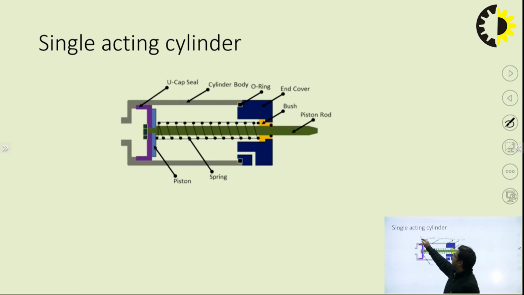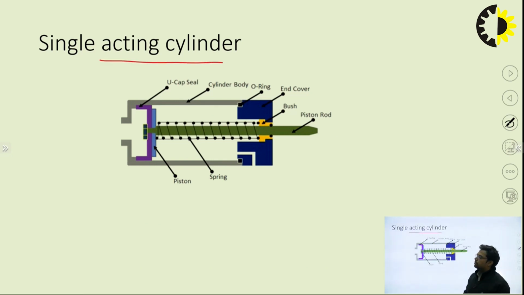Now, actuation based upon different cylinders, that is, single acting cylinder. You can see in this single acting cylinder, this is the path, or you can say the valve, for the motion of the piston. The piston is spring connected.